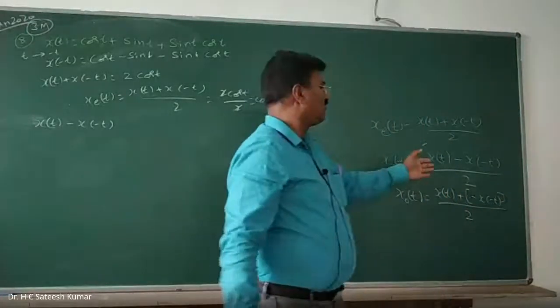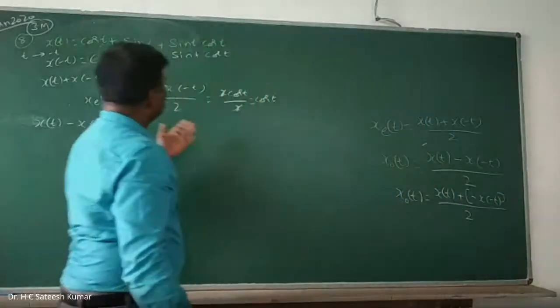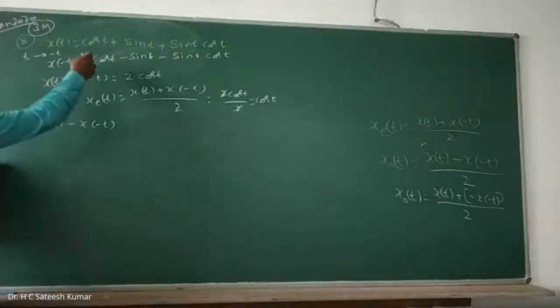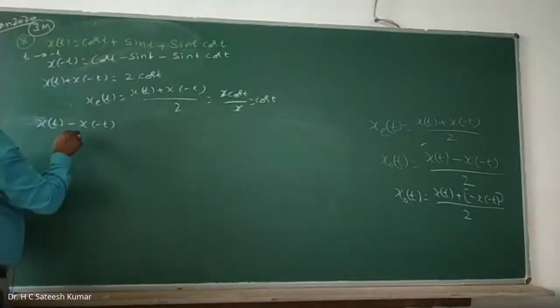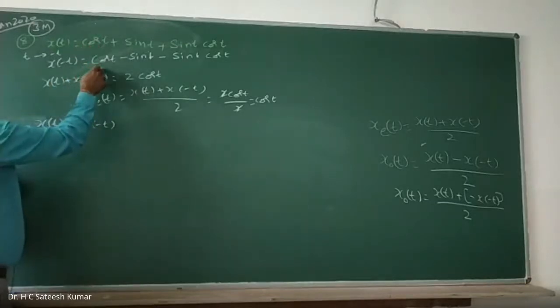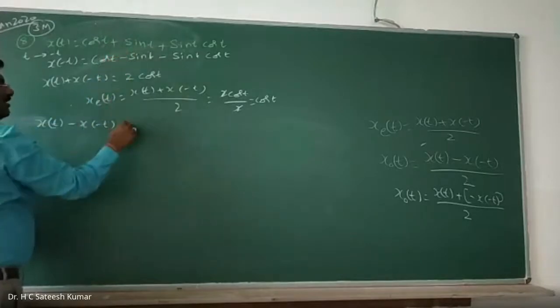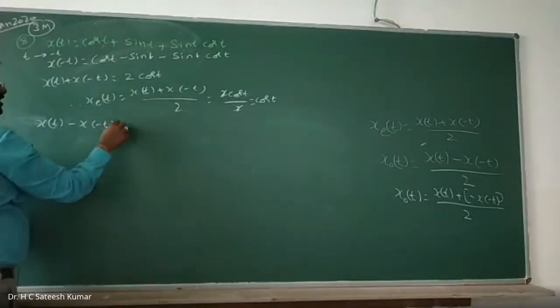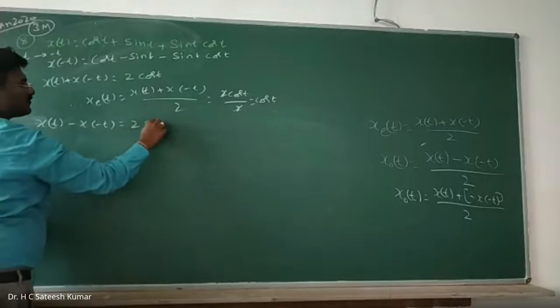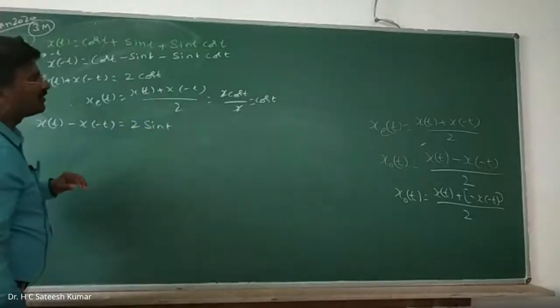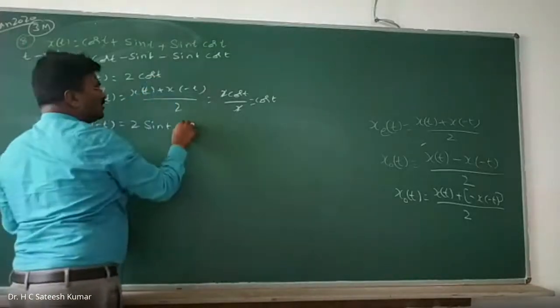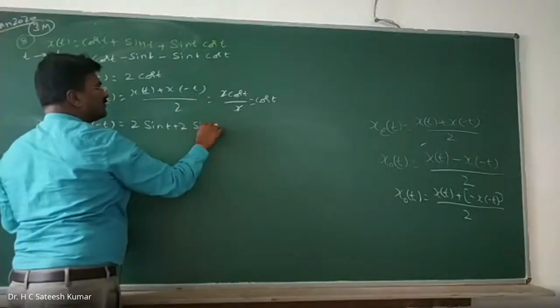But here, whenever the formula method is given, it is easy to subtract. So cos t gets cancelled. Minus of minus is plus, so what will you get? 2 sin t, and also 2 sin t cos t.